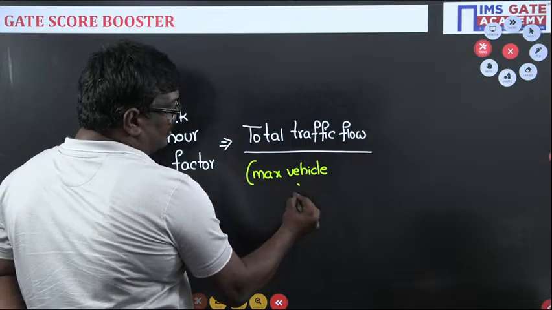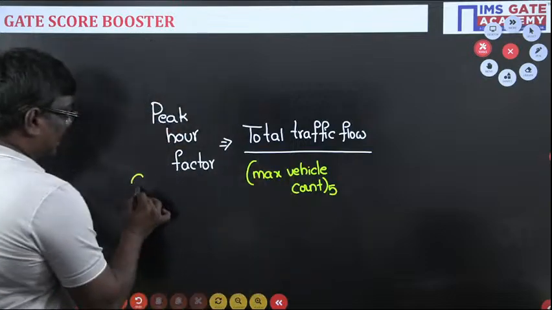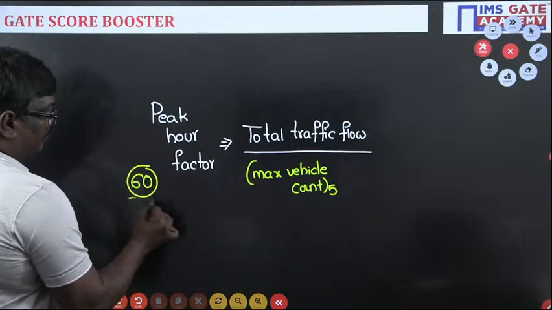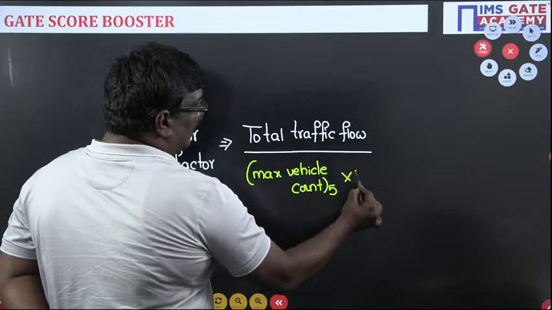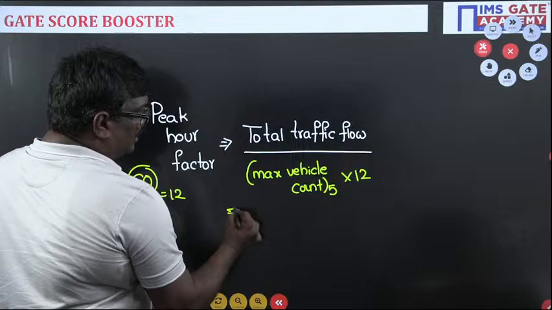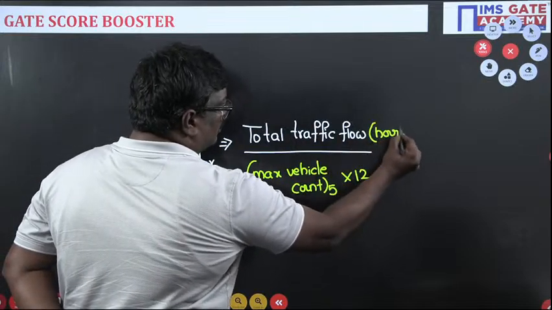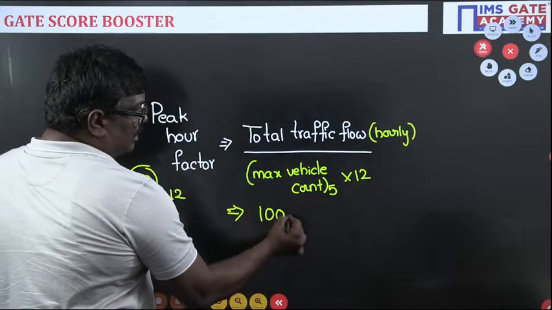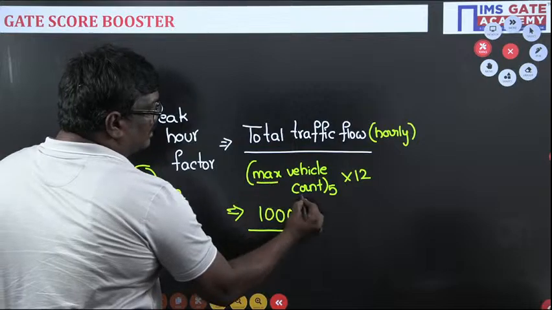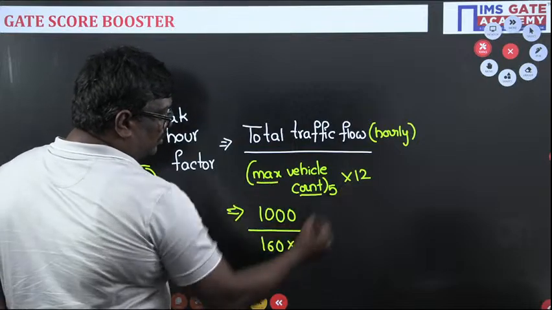Here they have given 5 minutes. 5 minutes means if you take 1 hour, 60 divided by 5, which will be equal to 12. So the total hourly flow they have given is 1000, and the maximum vehicle count in 5 minutes is 160 into 12.